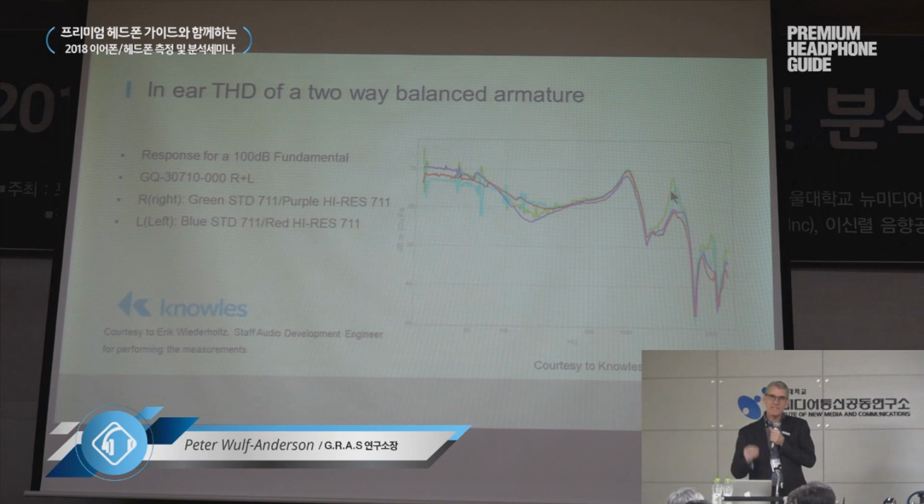Again, the green and the blue curve are measured with the standard traditional coupler, and the purple and red are measured using the new high-resolution coupler 711.